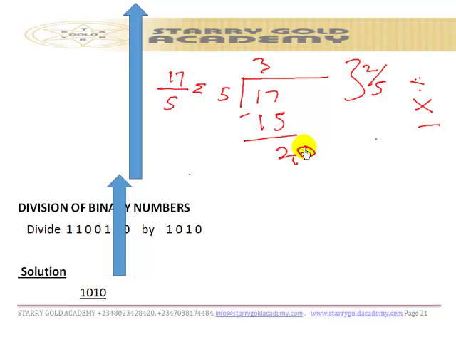The moment I add my 0, I put my decimal point. Do not forget, the moment you put that 0, you put the decimal point. 5 in 20 is 4. 4 times 5 is 20. Then subtract. So we divided, we multiplied, then subtracted. So in decimal, your answer is 3.4.